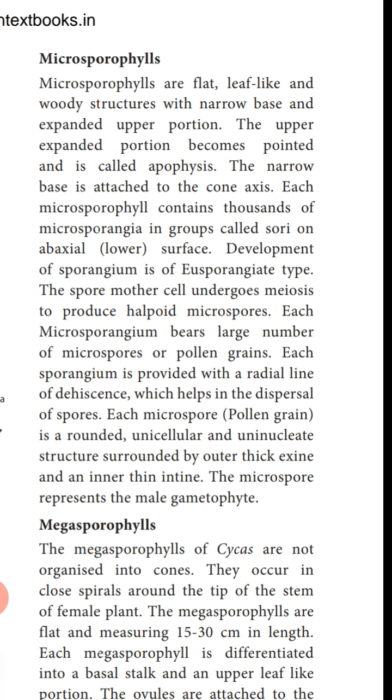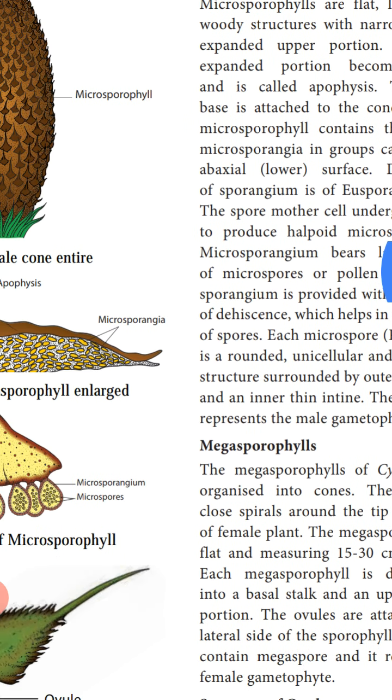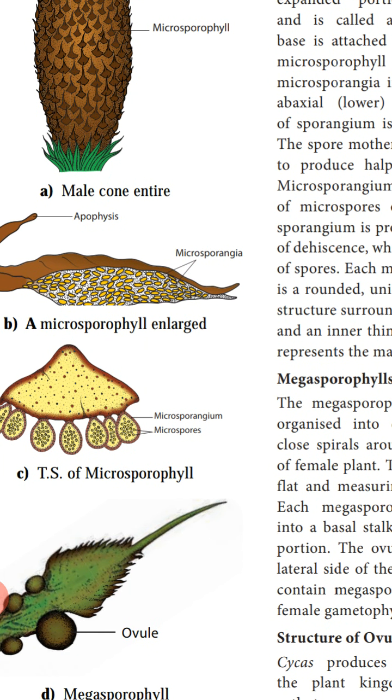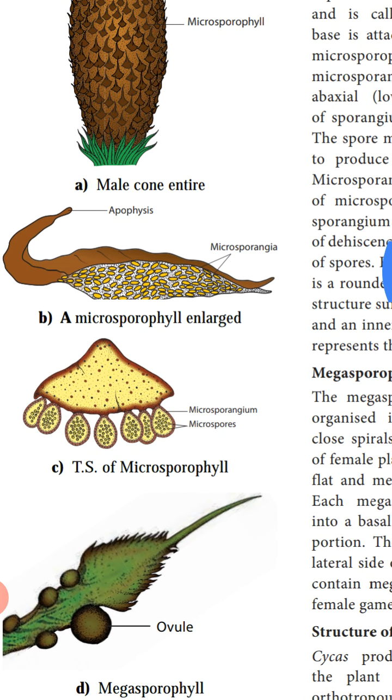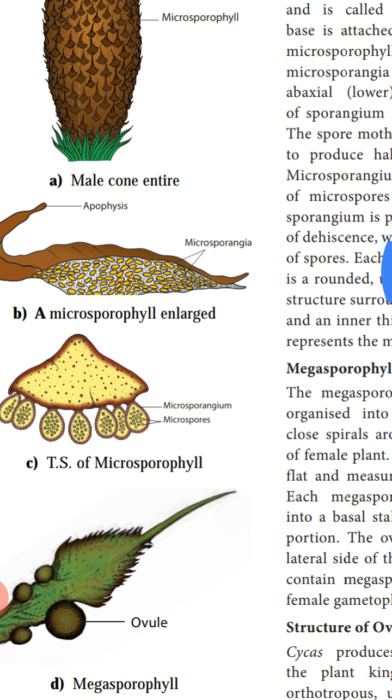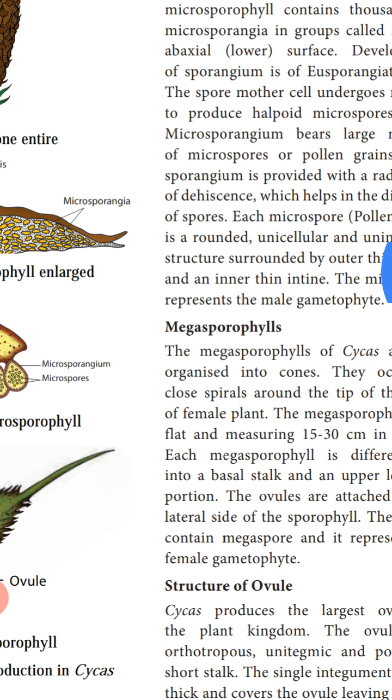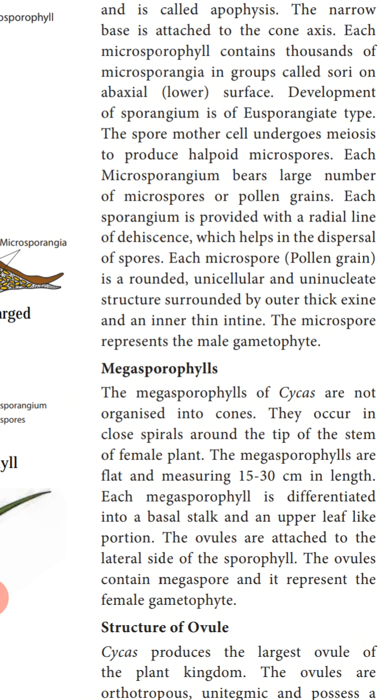The upper expanded portion becomes pointed and is called the apophysis. You can see a microsporophyll enlarged here, with a pointed apex called the apophysis, and at the base numerous microsporangia are present. The narrow base is attached to the cone axis.